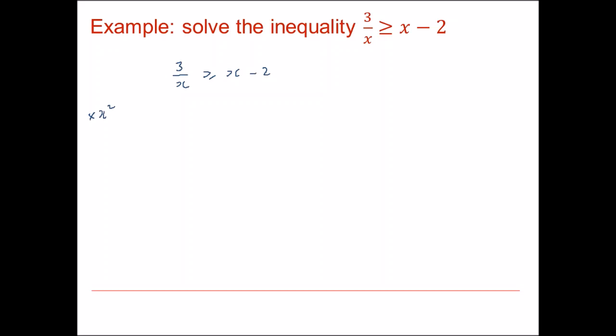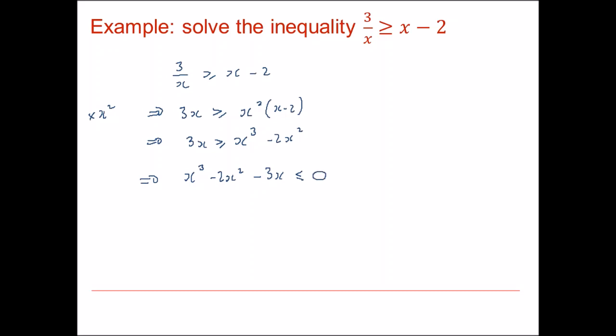So this gives me 3x is greater than or equal to x squared multiplied by (x minus 2), which then becomes 3x is greater than or equal to x cubed minus 2x squared, which I can rearrange to make x cubed minus 2x squared minus 3x less than or equal to 0.